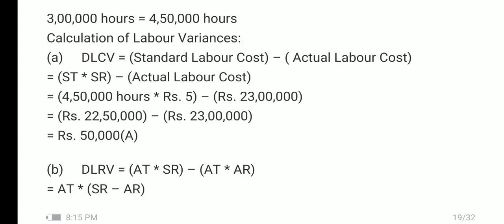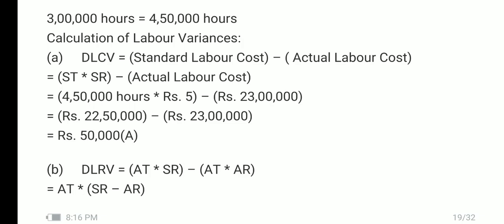Actual labor cost is readily available, 23 lakh given in the problem. Standard labor cost will be computed by multiplying standard time for actual output with the standard wage rate. Here we are considering both the products put together. 4,50,000 hours are standard time for actual output into uniform standard wage rate of rupees 5.